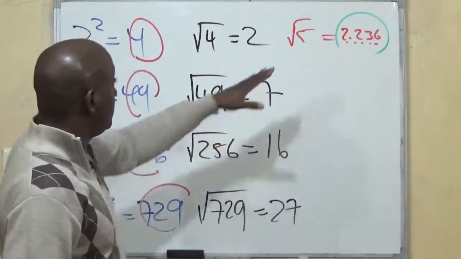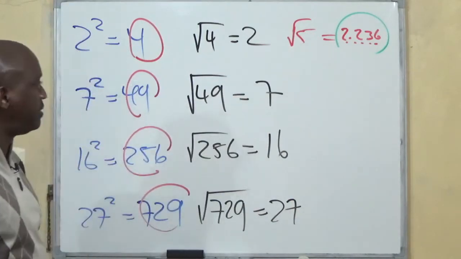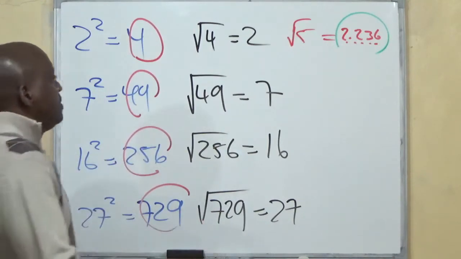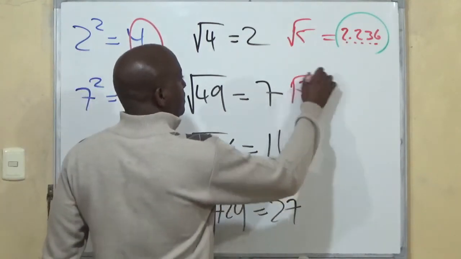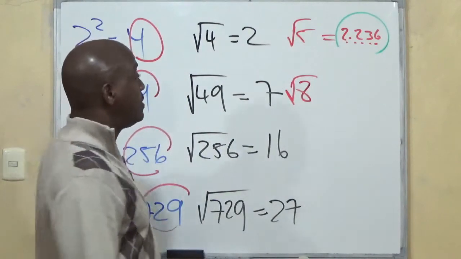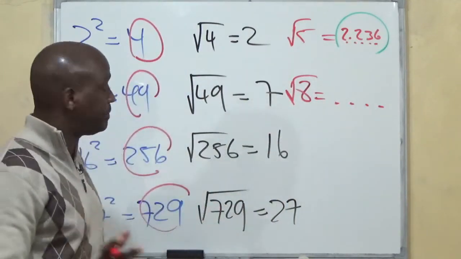So the square root of 5: 5 is not a perfect square, so the square root of 5 is a surd. The square root of 8: 8 is not a perfect square, so root 8 is a surd.